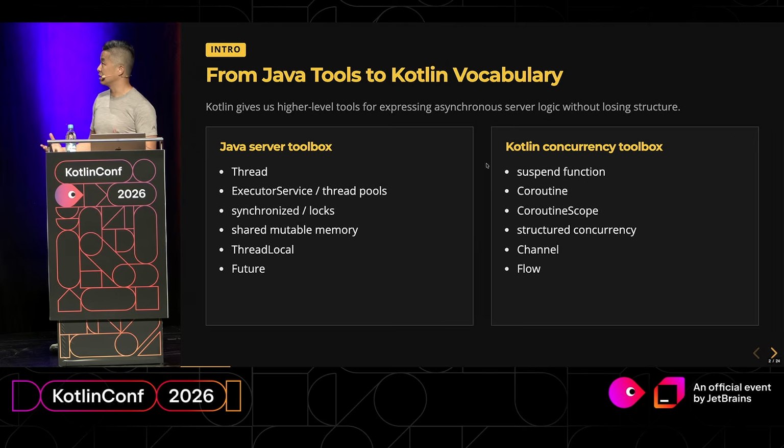Those are pretty descriptive and can be used to describe very high-level concurrent concepts, and we use those concepts to build high-level concurrent logic. So that's an advantage of the Kotlin toolbox.